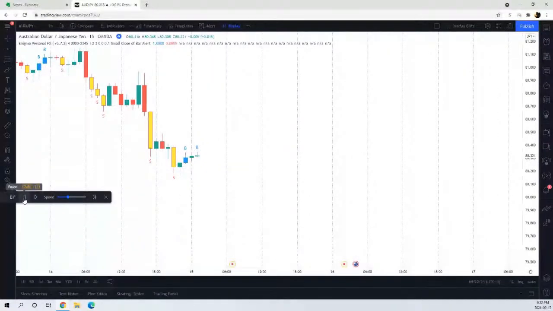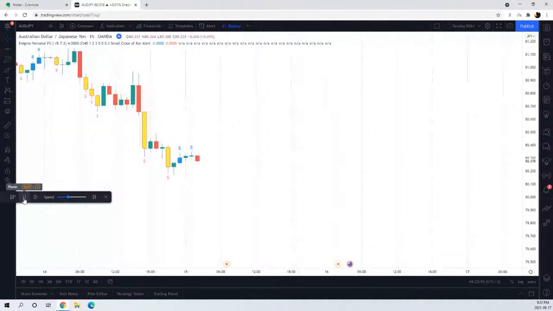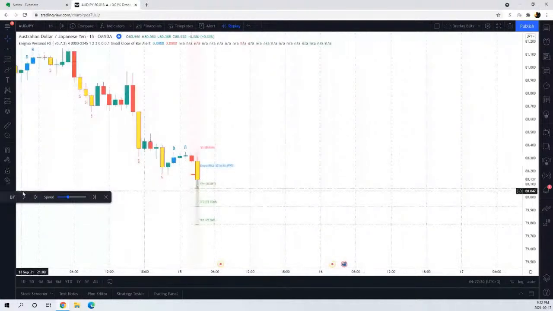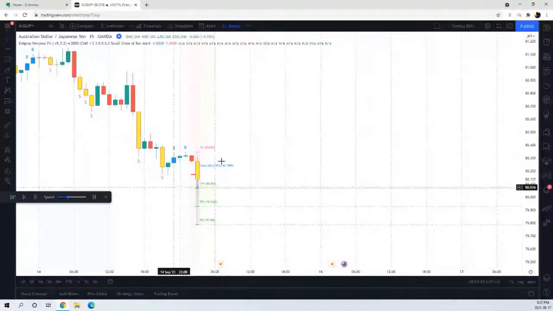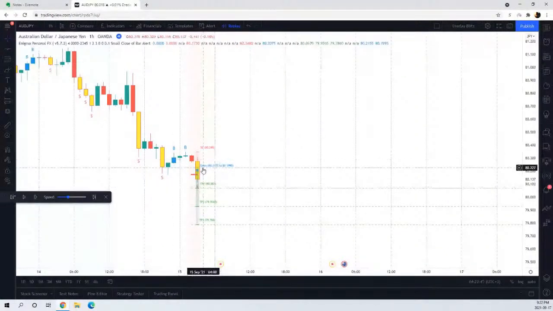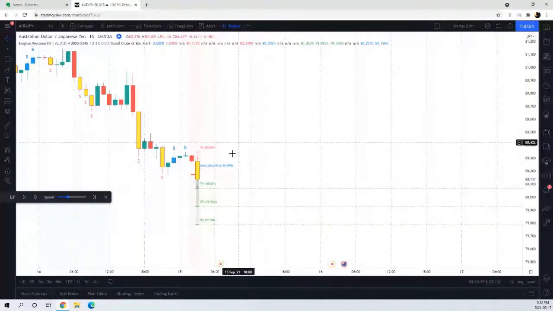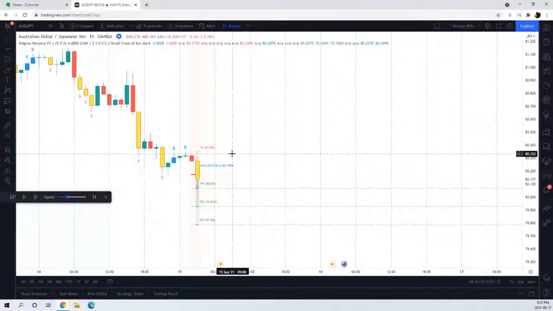So let's start this back. All right. Okay, so same thing. It gives you an entry for sell. You have your stop loss, TP1, TP2, TP3. So this is the signal that will be sent out in the groups. Okay.